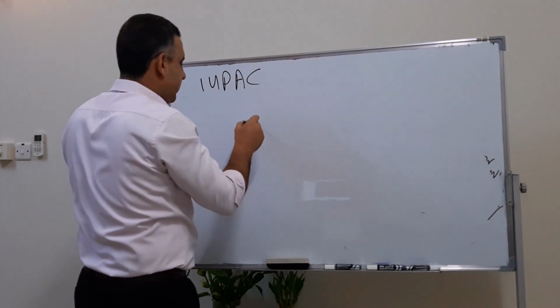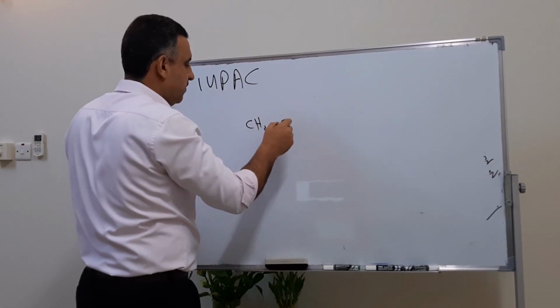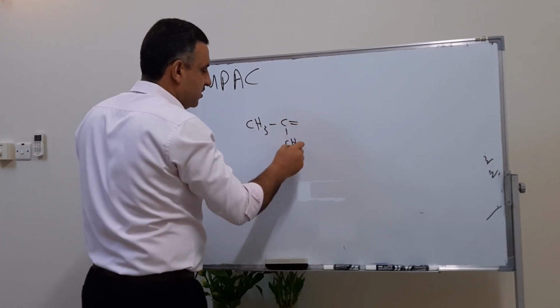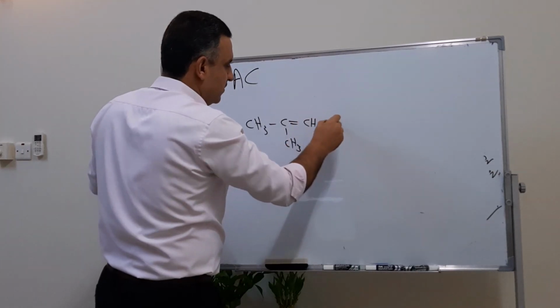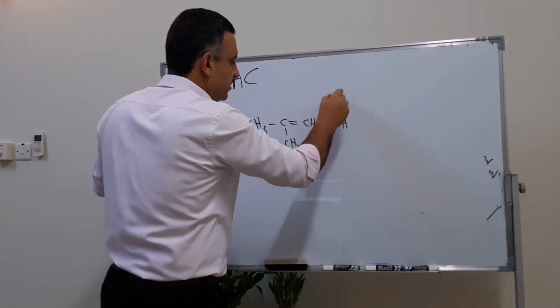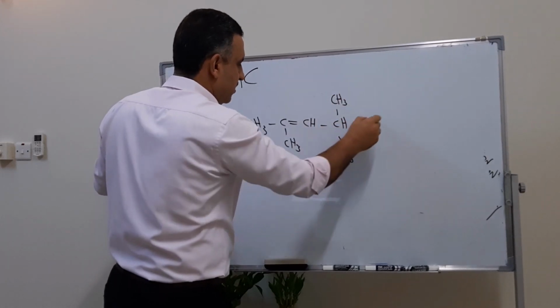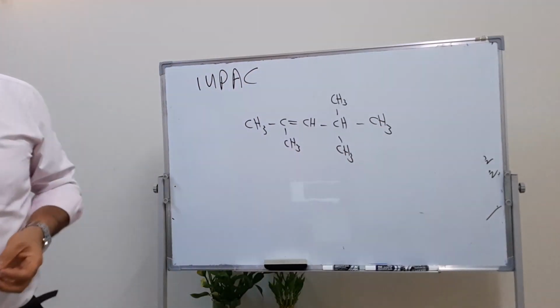For example, here we have CH3, double bond, CH3, CH, CH, CH3, CH3, CH3. What should be the name of this compound?